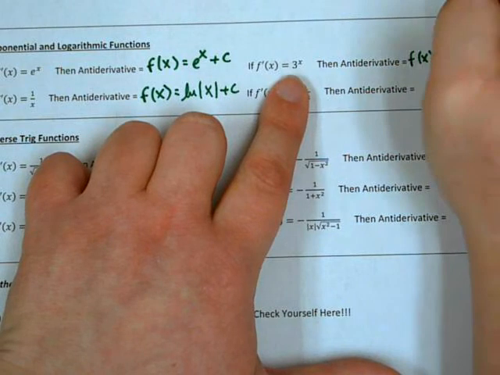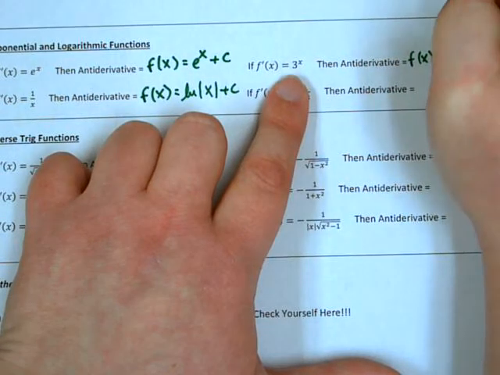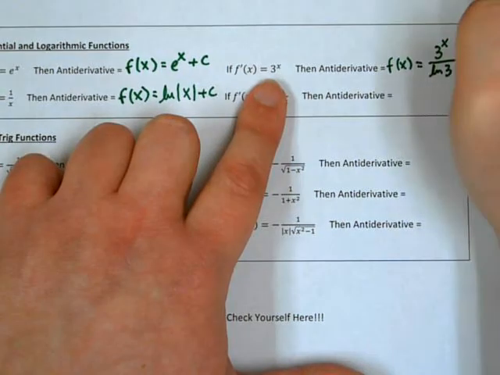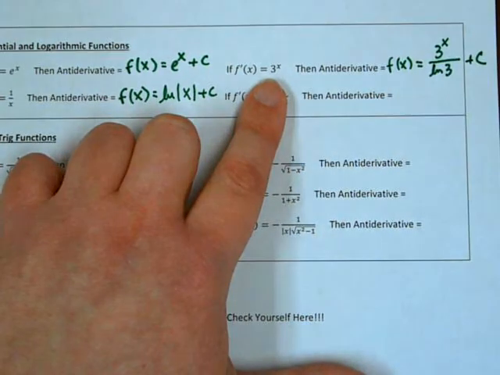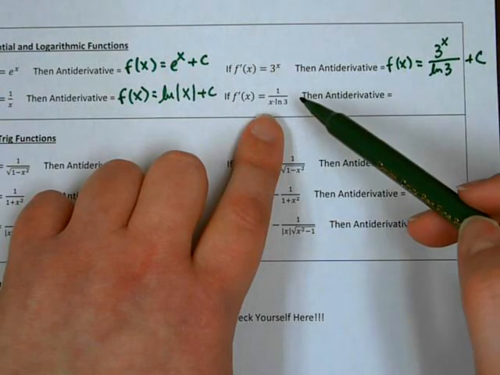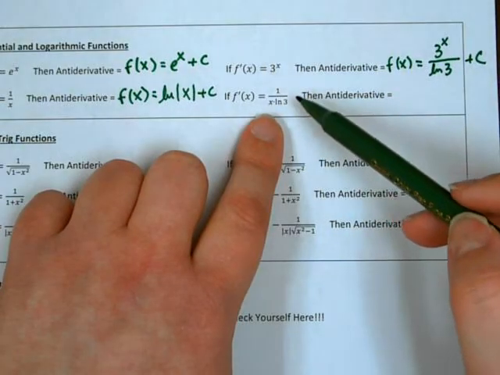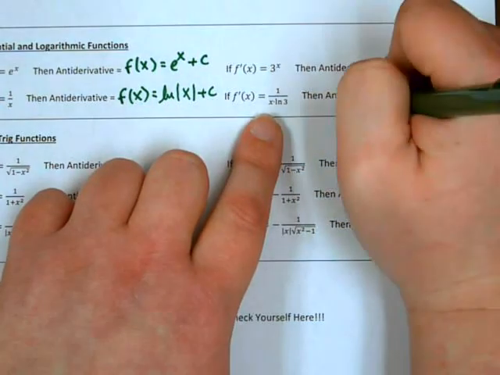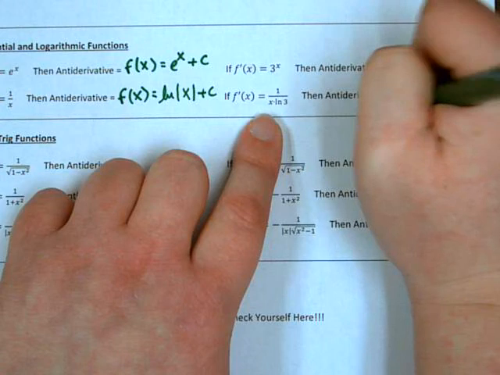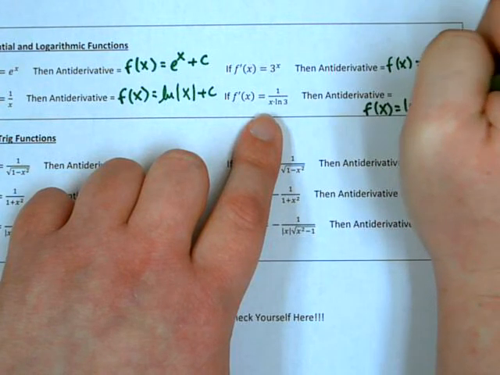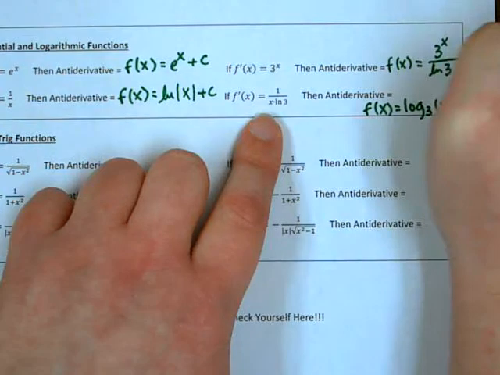So since we're undoing that, we are going to then divide by the natural log of 3, and then we are going to add c. All right, and then this one looks funny, but we should be able to recognize that there's a derivative of a log going on there. So f of x is going to be log base 3 of x plus c.